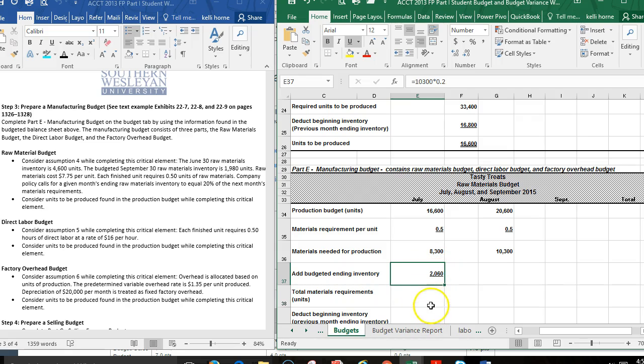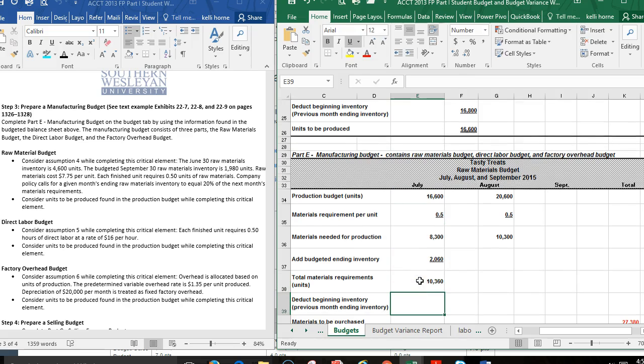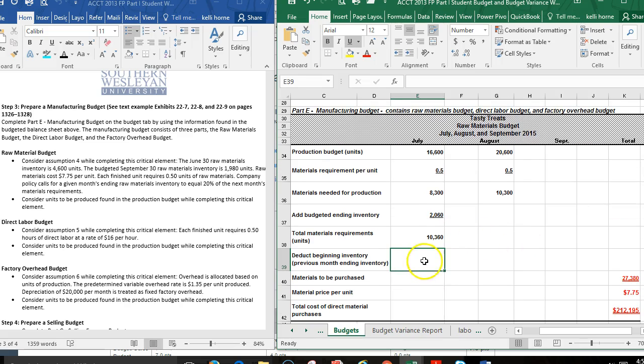And you'll see the underline again. So here, to get my total materials requirement, I'm going to add these two together, the materials needed and the ending inventory needed. So I see here that my total material requirement in units for the month of July is 10,360. Now, we have the same concept happening here again, where we need to back out last month's ending inventory out of the equation.